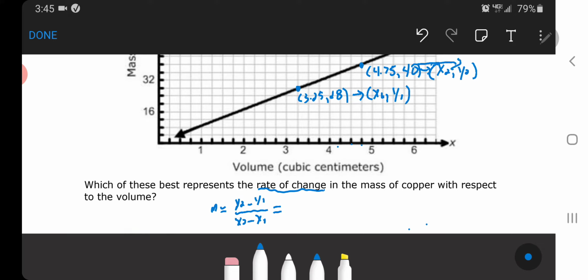It doesn't matter, you could have named them differently if you wanted to, but I just decided to name them like that. So I got 40 minus my y1, which is indicated with that 28, so 28, over my x2, which we find is 4.75, and minus my x1, which is 3.75.